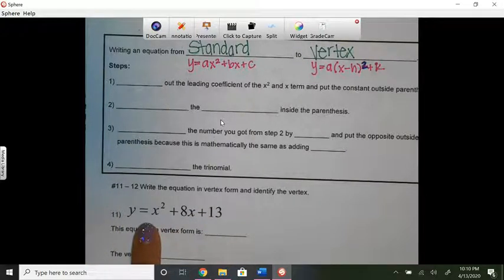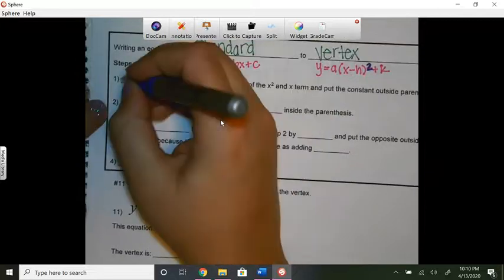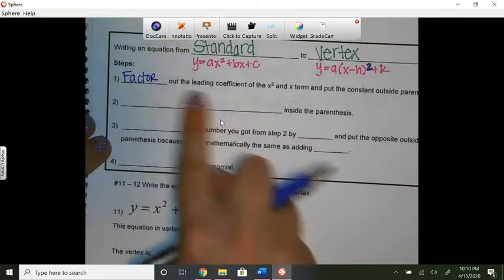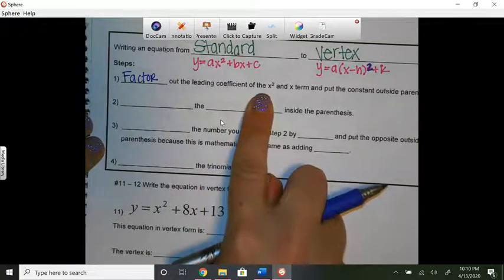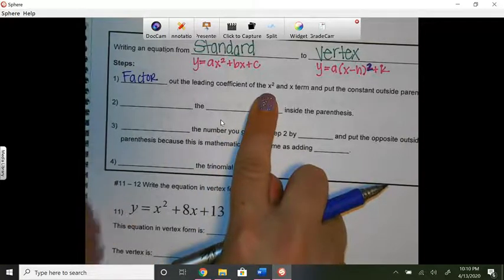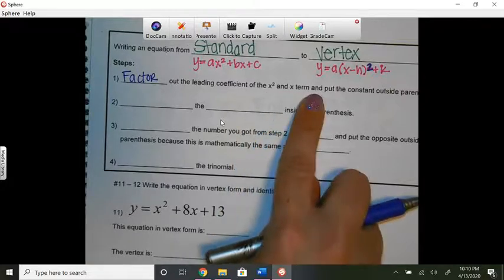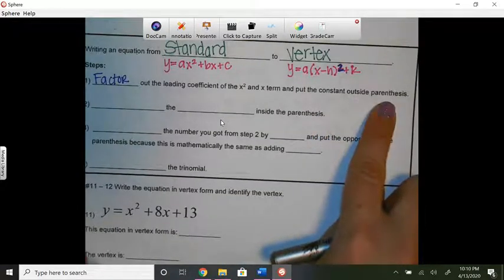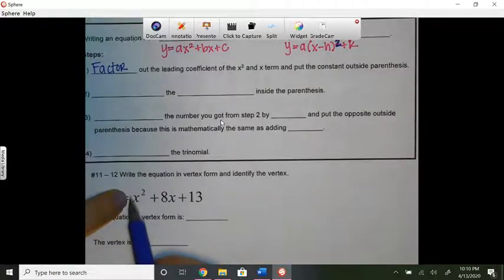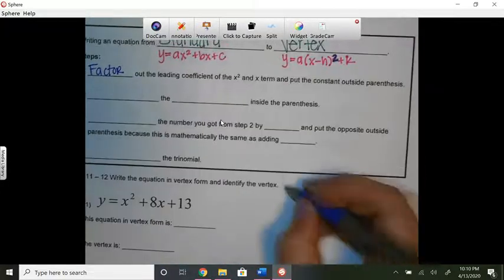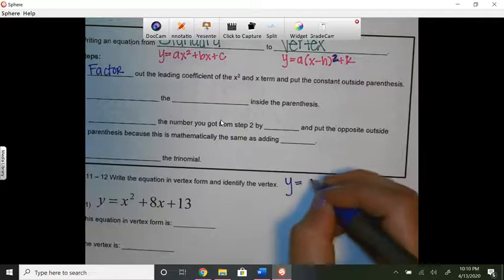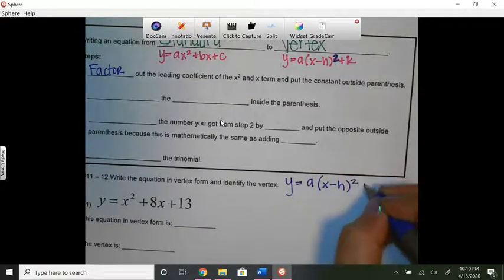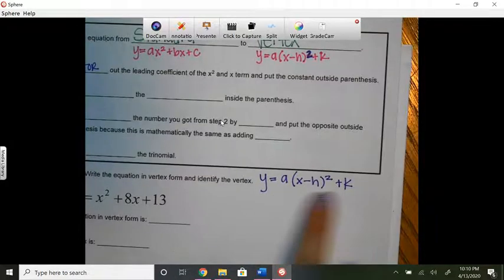So the first step is that you want to factor out the leading coefficient. That means we want the x squared and the x term in parentheses, and we're going to put the constant on the outside. So if there is a number in front, we want to factor it out. I want to write this down because this is going to help me remember these steps. This is my goal.